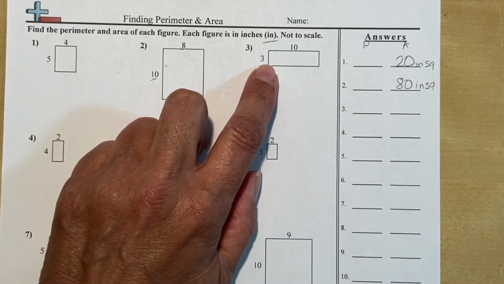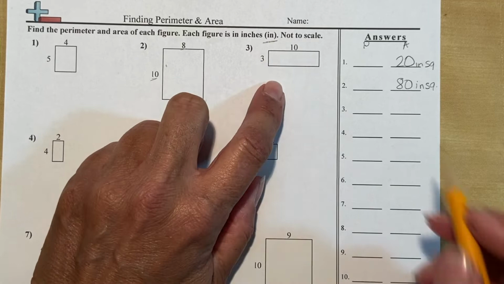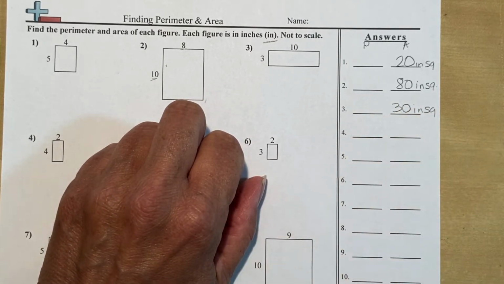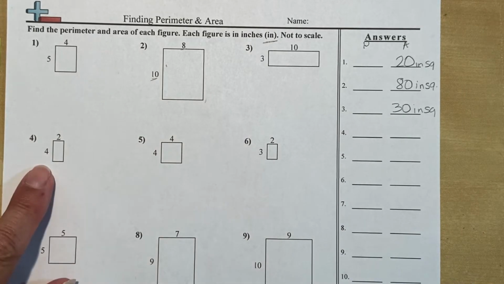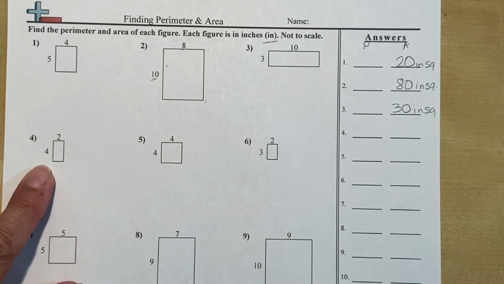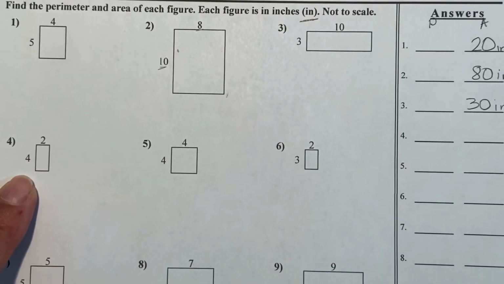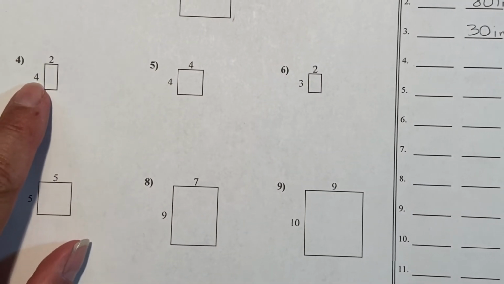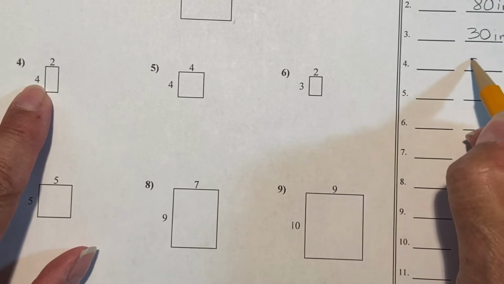Number 3, 3 times 10 is 30 inches squared. Looking at question number 4, 2 times 4 is 8.